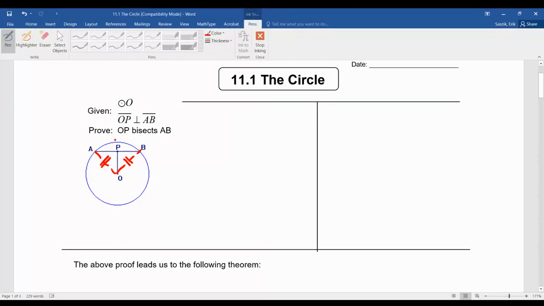We're also given perpendicularity, and of course, we have this reflexive piece in the middle. So those two triangles are going to be congruent by RHL, and that's going to lead to AP being congruent to PB by CPCTC.